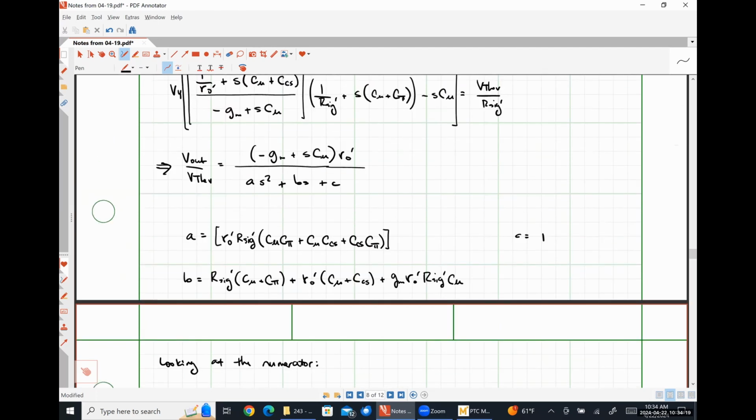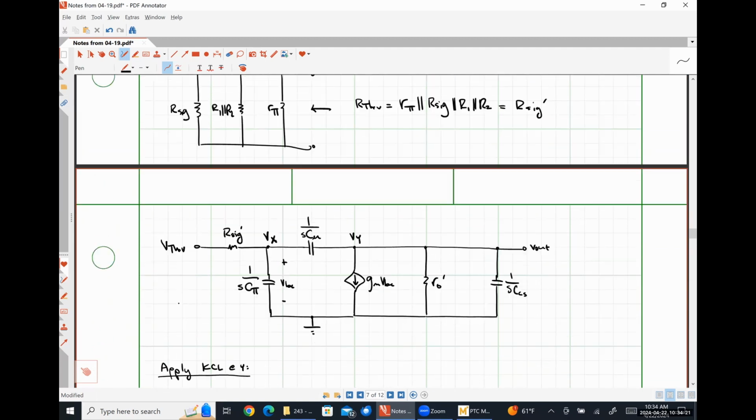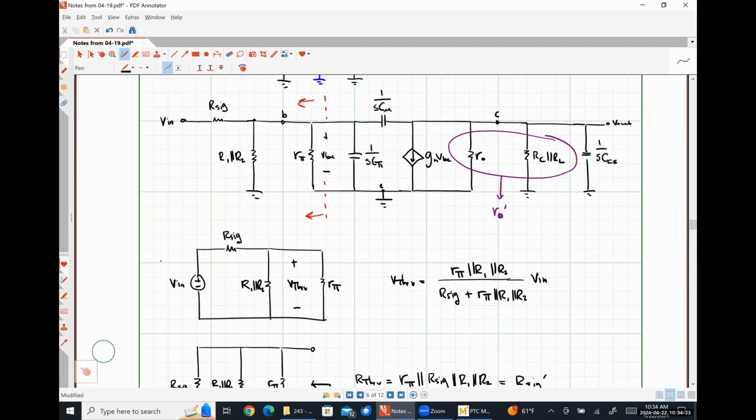recall from up here that R naught prime is just those three resistances in parallel. I'm going to treat R naught in parallel with RC as a single resistance, and then RL as a discrete resistance, because I know that I'm looking for a gm times R naught in parallel with RC.